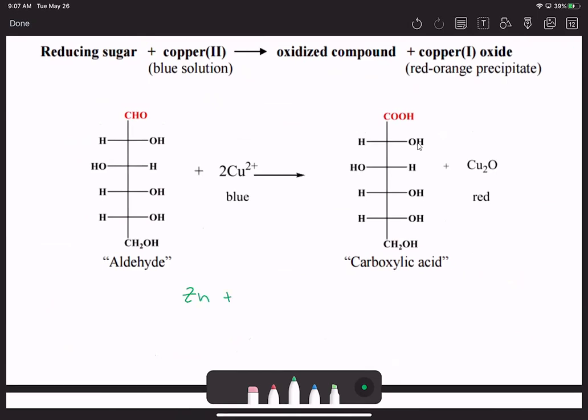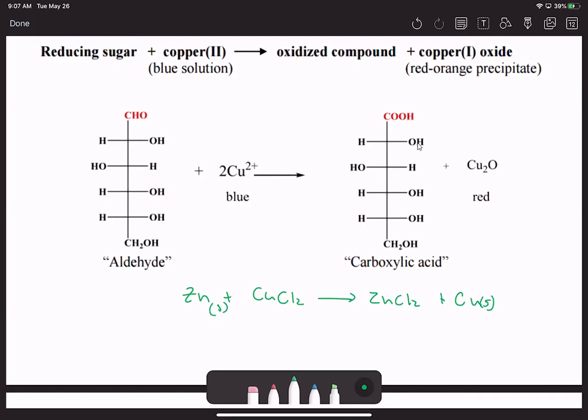Let's take a look at zinc plus copper chloride, and we're going to get zinc chloride plus we're going to get some copper. That's a solid. This is solid, aqueous.